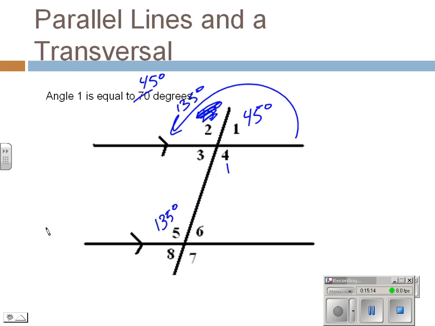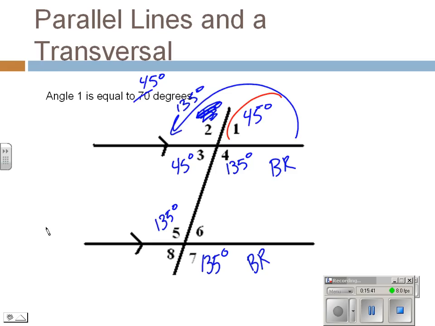Alternate interior angles say that angle 4 and angle 5 are congruent. Vertical angles would tell us that angle 3 is 45 degrees. Once again, corresponding angles would tell us that the angle measure for angle 7 is 135 degrees because angle 4 and angle 7 are both bottom right.